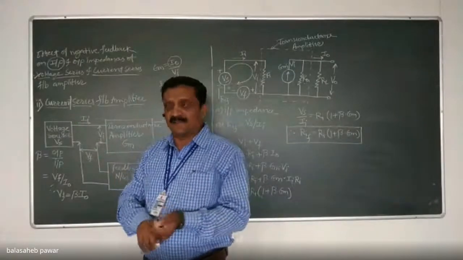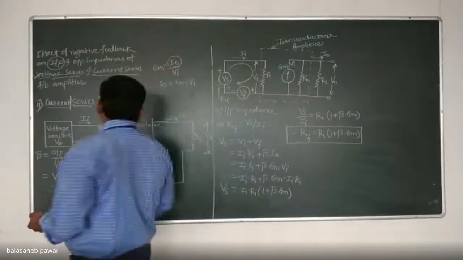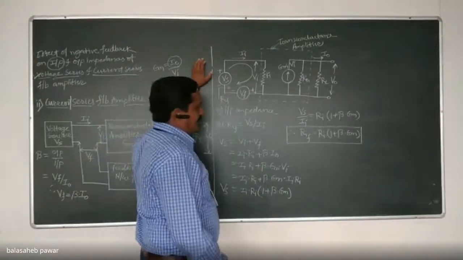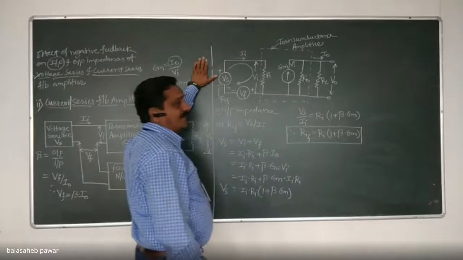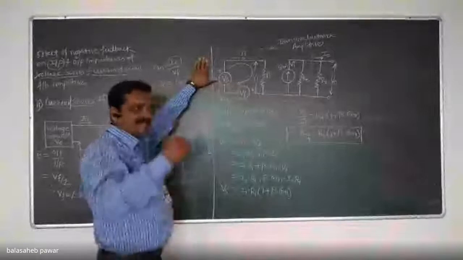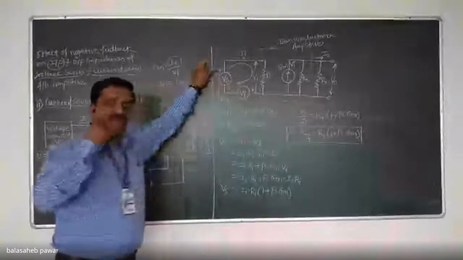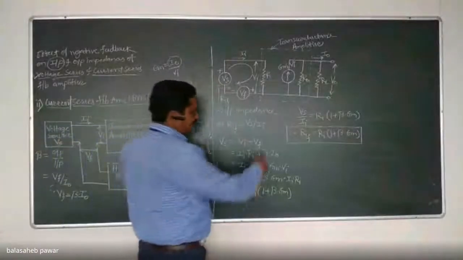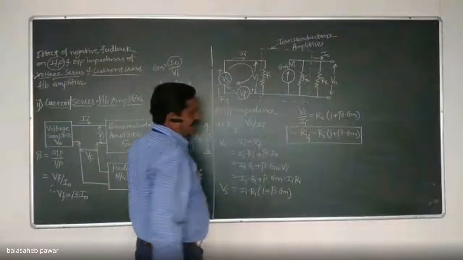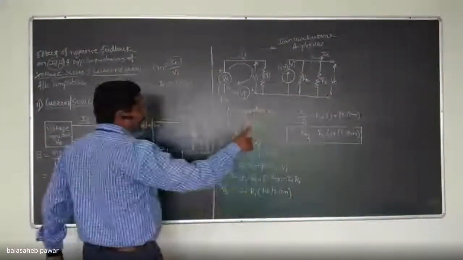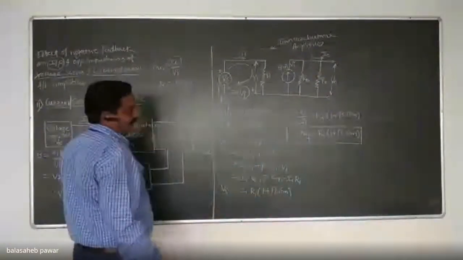That is series type of mixing, and hence, in general, as previously defined, for series type of mixing the input impedance with negative feedback gets increased. That means RIF is greater than RI. That's why for current series feedback amplifier as well as for voltage series feedback amplifier, RIF is greater than RI by 1 + βGM.